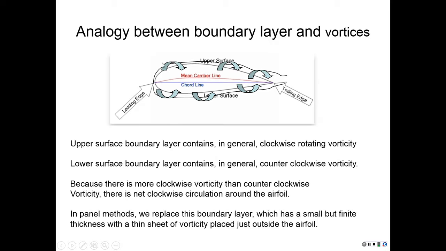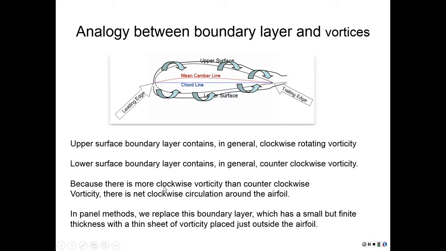In a real airfoil, you have a thick boundary layer. As the flow goes over the upper surface, these molecules are moving fast, while the molecules near the wall are staying put. So there's a clockwise rotation. Here the opposite happens, a counterclockwise rotation. So this thick boundary layer is squashed into a thin sheet, like a shrink wrap, a sheet of plastic-like material, a vortex sheet over the surface.